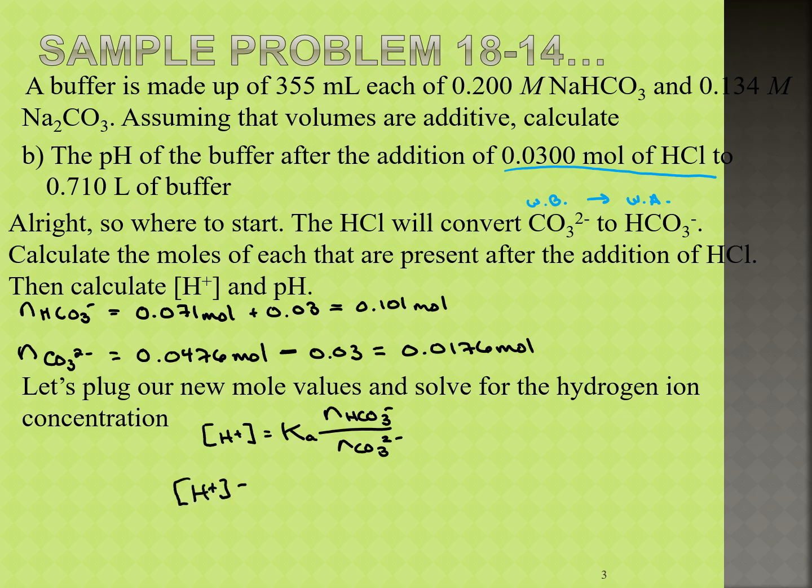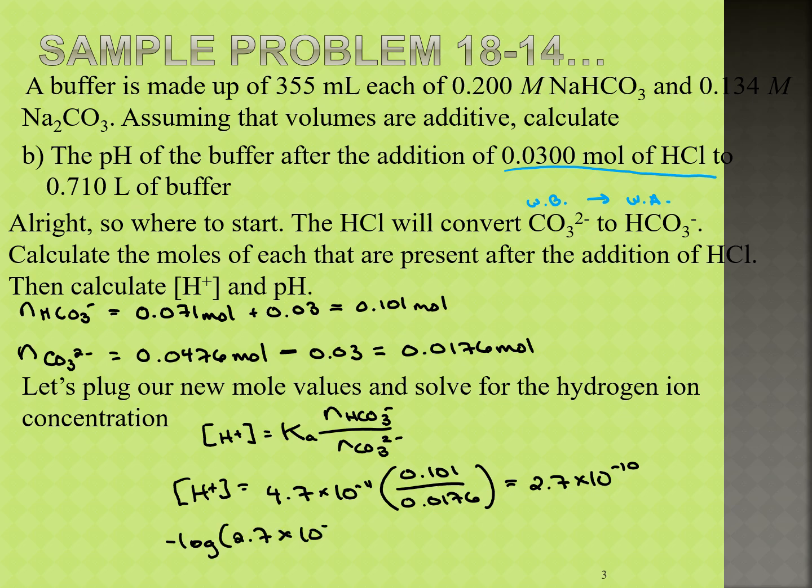So our H plus is equal to 4.7 times 10 to the minus 11th, and now we have 0.101 on top and 0.0176 on the bottom. So I get 2.7 times 10 to the minus 10th. So we can find the pH of this is now 9.57.